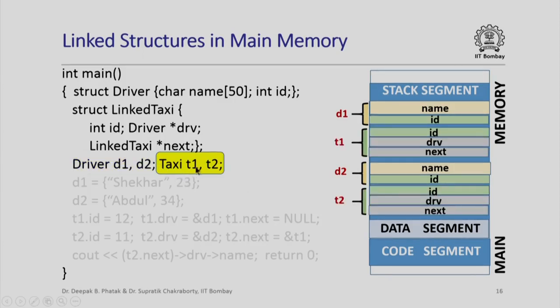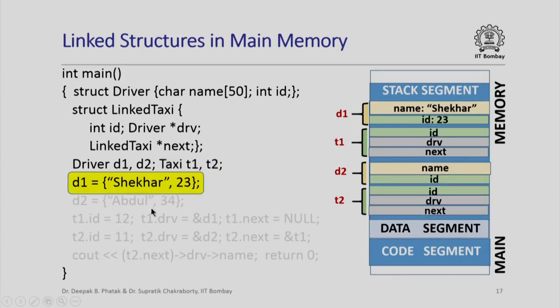Similarly, T1 and T2 are variables of structure type taxi, so being local variables of main, space for them will be allocated in the stack segment, and the space for each variable will have space for each of the members of the corresponding structure type. So the space for T1 will have space for ID, space for DRV which is basically a pointer, and space for next which is also a pointer.